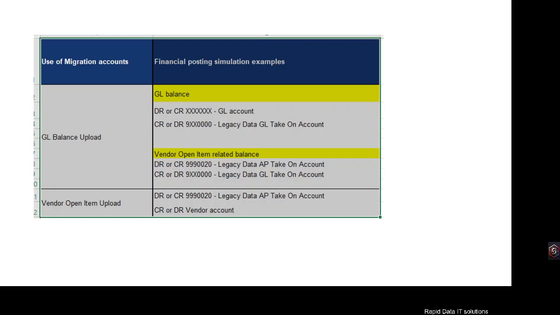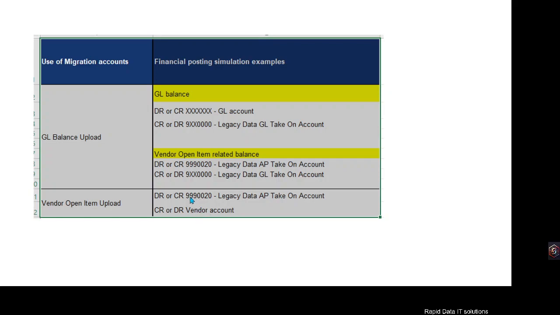And then comes the vendor line item upload, that's the AP line item upload. You upload these once the transactions are closed in the cutover time. When you upload, you can see one line is the vendor account, which means these are the actual line items. So if, for example, you have 10 vendor open line items, we are going to have 10 lines here.